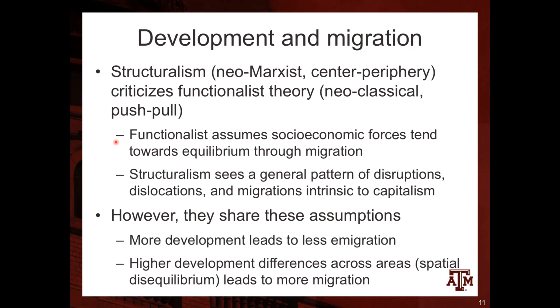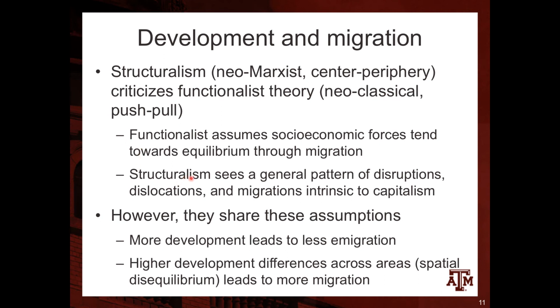But in the long term, because people are leaving those countries and going to the other country, they will stabilize the unemployment rates between the two countries. The country of origin will have less unemployment, and the country of destination will have less availability of employment. So it tends towards equilibrium through migration.